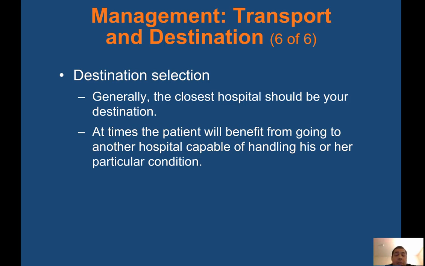The only time you really bypass hospitals is if a patient wants to go to a different hospital and their condition doesn't warrant a specialty center. But if their condition does warrant a specialty center, then we might bypass a couple hospitals. So if we're in Monterey and we have a traumatic injury, we're going to drive all the way to Natividad and Salinas. So we're going to bypass CHOMP, and then we're going to also bypass SVMH.